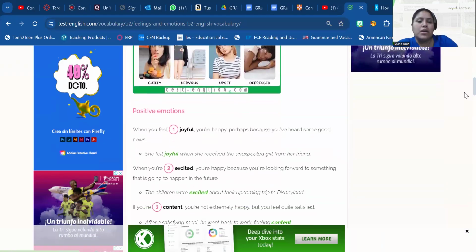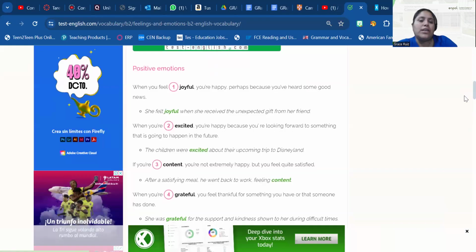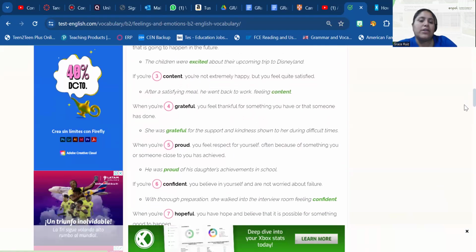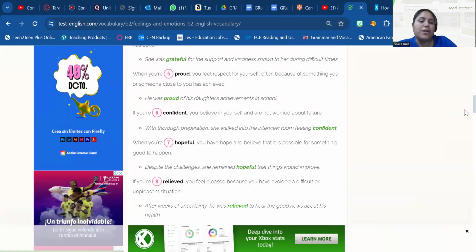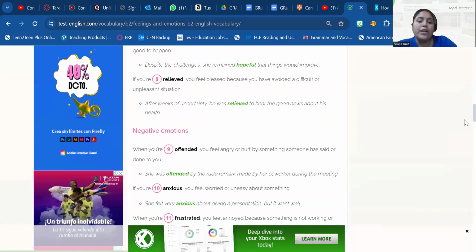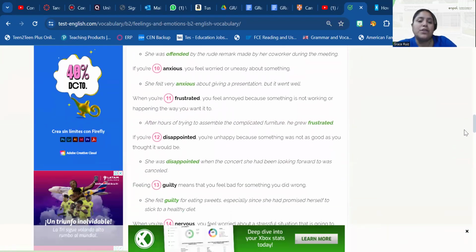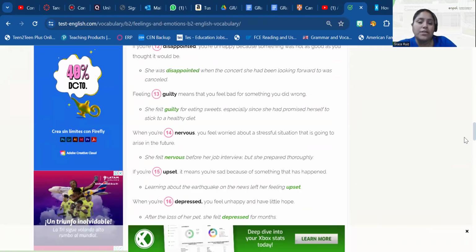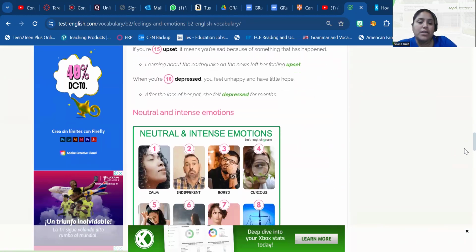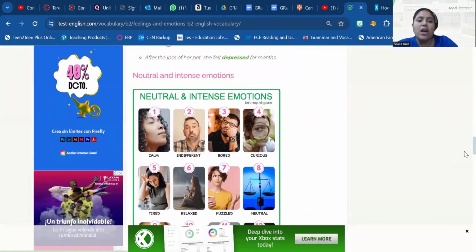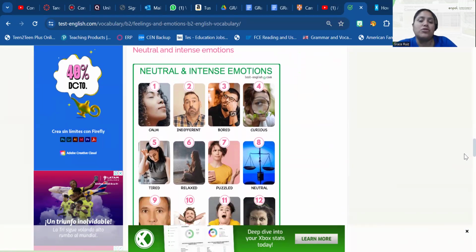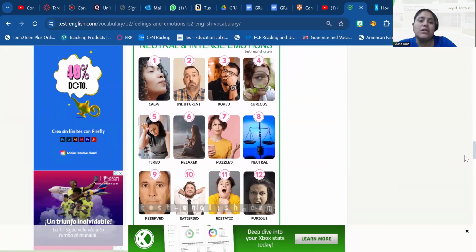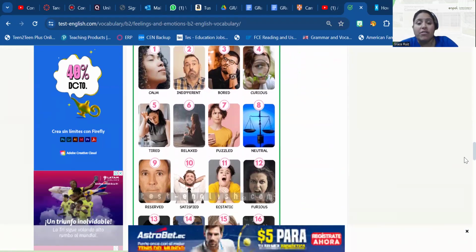So positive emotions: joyful, excited, content, grateful, proud, confident, hopeful, relieved. Negative emotions: offended, anxious, frustrated, disappointed, guilty, nervous, upset, depressed. Now we also have some neutral, intense emotions. For example, calm; indifferent, like you don't care, yes or no, whatever.